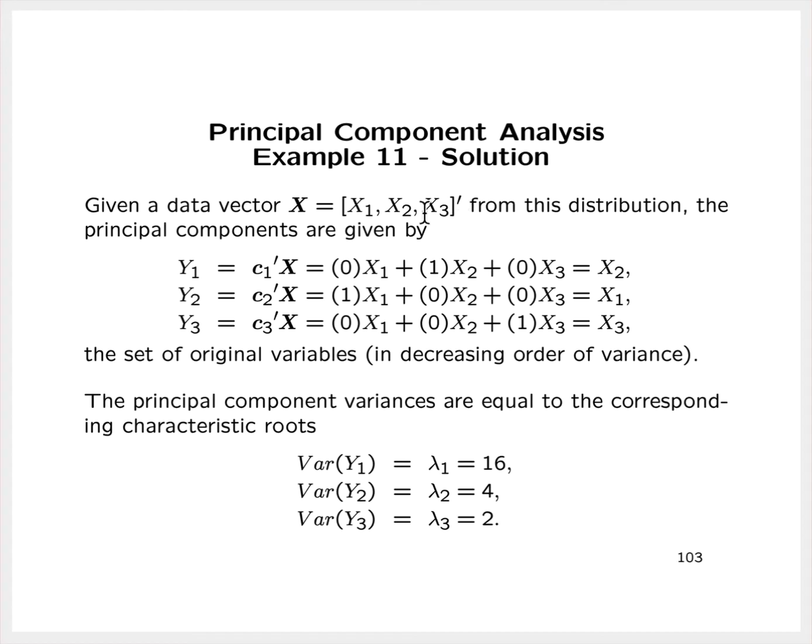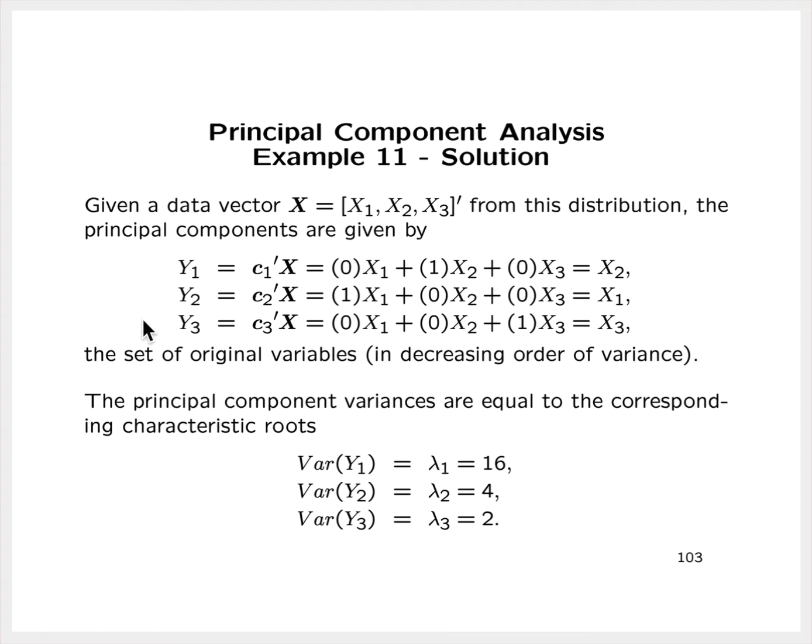And so given a data vector, bold x, with component random variables x1, x2, and x3 from this distribution, the principal components are given by the following. The first principal component, y1, is 0 times x1 plus 1 times x2 plus 0 times x3, and that's just equal to x2. The second principal component, y2, is 1 times x1 plus 0 times x2 plus 0 times x3, or just x1.